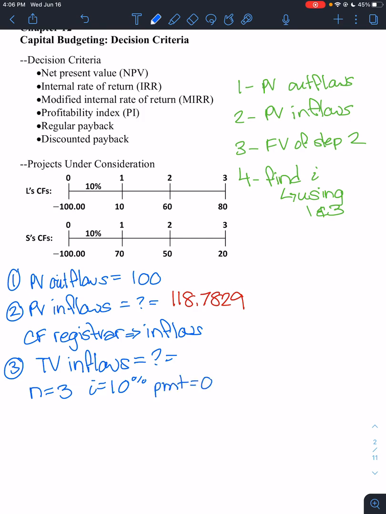Because now I'm basically sitting with the 118 over here, and now I just want to bring that amount to the future. So present value equals 118.7829, and I'm just going to solve for future value. You could even use the formula if you really just love using that formula. Compute my future value. I get 158.10. Hopefully that's right.